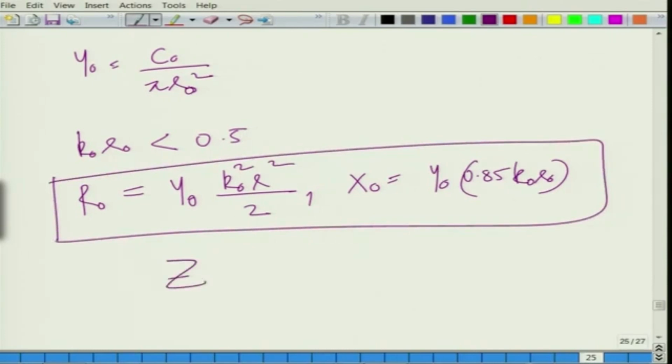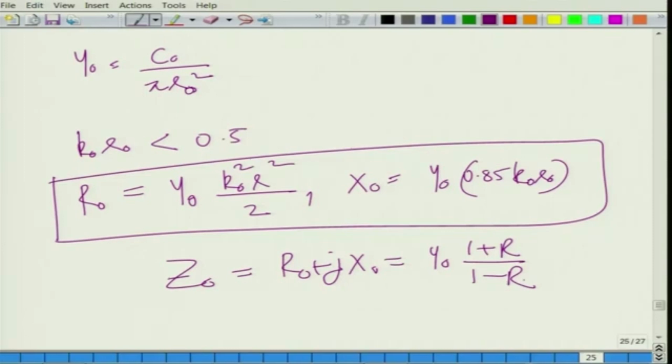So Z naught then becomes R naught plus J X naught, and this is Y naught times 1 minus R. We can derive all sorts of things, and this particular expression is useful if we were to evaluate the insertion loss. So if we know the radiation impedance, it will be good.